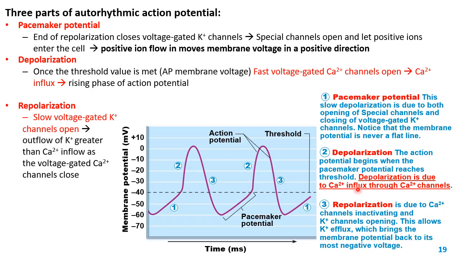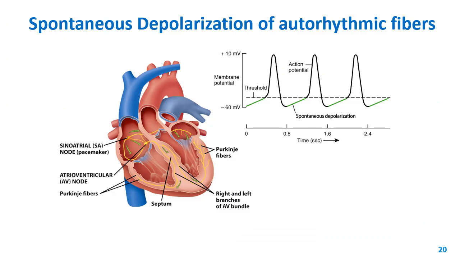All right, so depolarization happens because of fast calcium current. Repolarization here is because of potassium efflux. So here's a better picture of your funny current. This only happens in pacemaker cells.